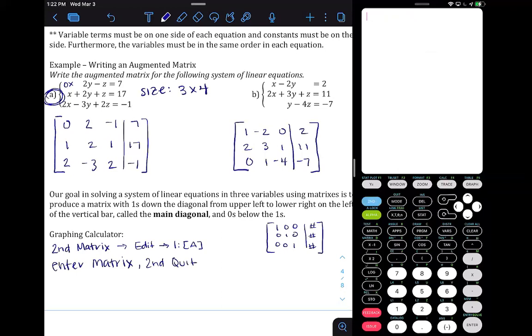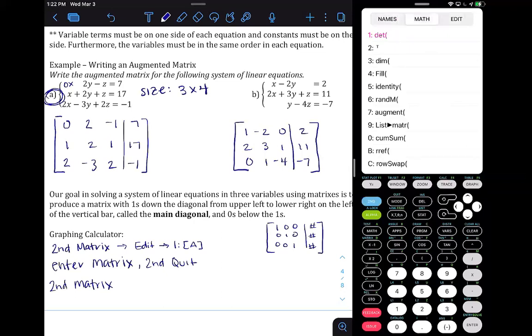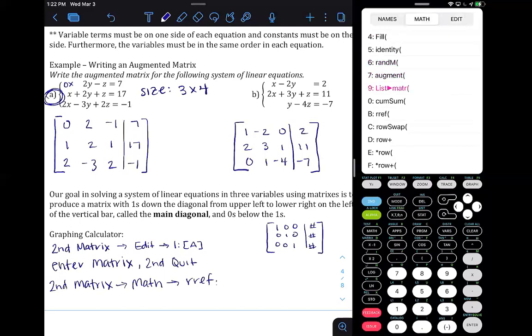And then we're going to go back to that second matrix, and go over to math. Then we're looking for something that says RREF, which should be B. Hit enter.